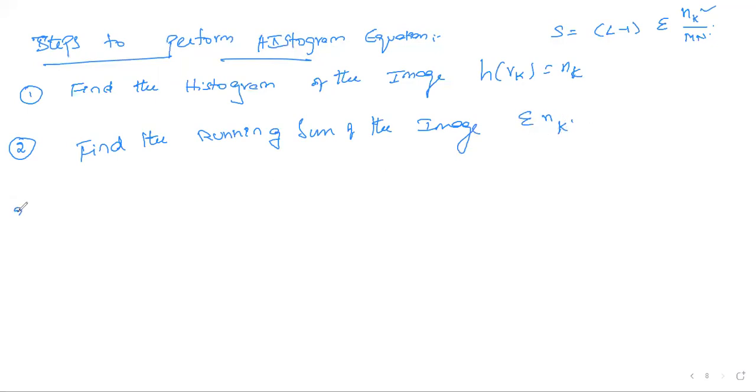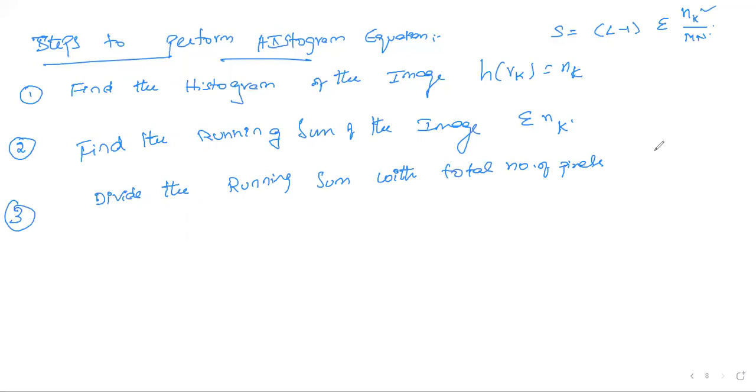Third, divide the running sum with the total number of pixels, that means sigma nk by mn.